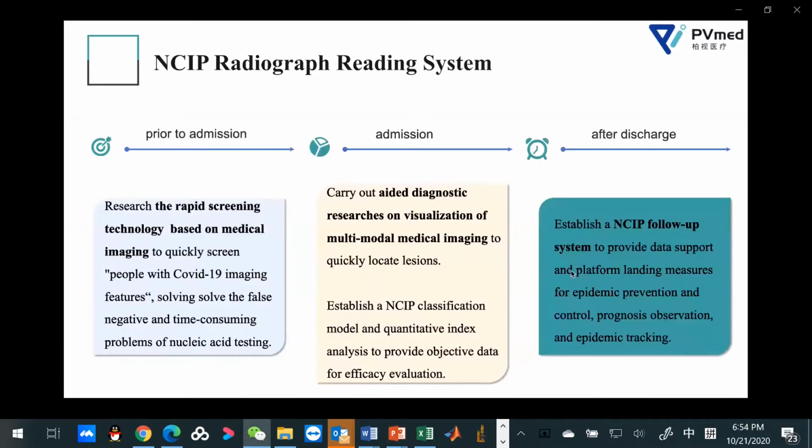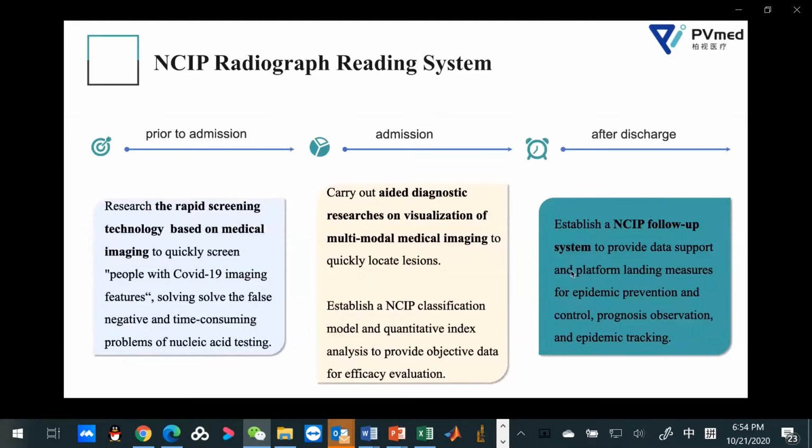Thus, an NCIP radiograph reading system is in demand in clinic. The system should include rapid screening prior to admission to judge whether the person has COVID-19 image features.